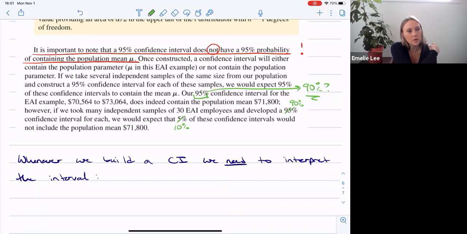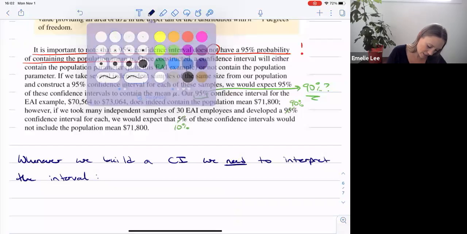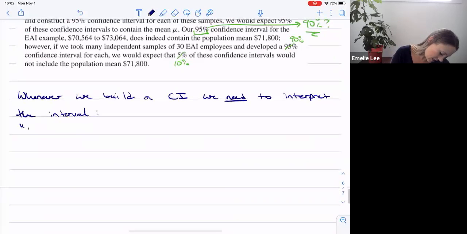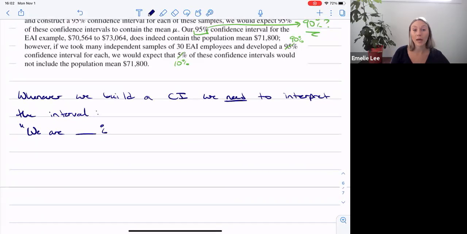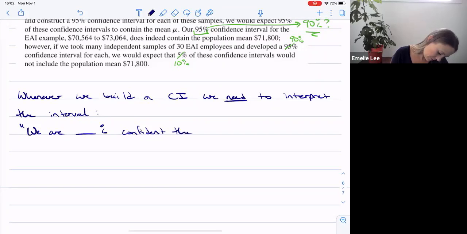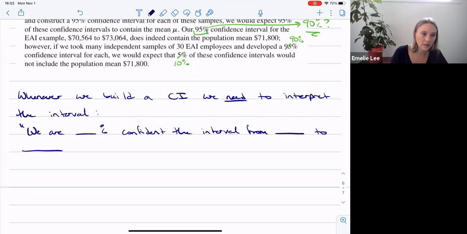Okay, so if we have to interpret the interval, the key thing is that we are trying to capture the population mean, right? Especially if we built one around the sample mean. So what we would say is we are some percentage, so 90% in the previous case, 90% confident the interval from here to here, right?